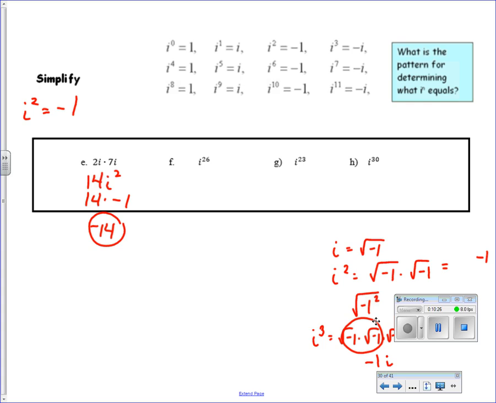Like i to the 26. Because who's going to sit and count through this chart and figure out what the heck is i to the 26? Now, do you remember what we do with the exponents? Do you remember if you add, subtract, multiply, divide?